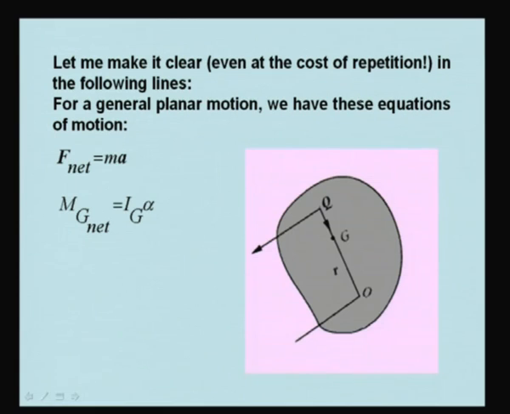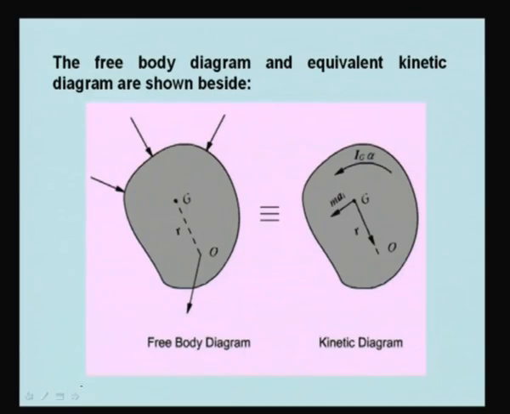Now let us see from another angle. For a general planar motion, we have these equations of motion: F net is equal to mass times acceleration, and M_G net is equal to Ig times alpha. So these are basically three scalar equations. Now the free body diagram and the equivalent kinetic diagram are shown here.